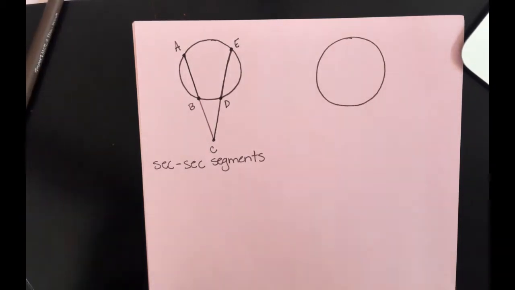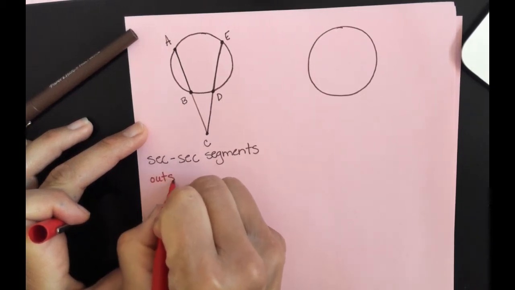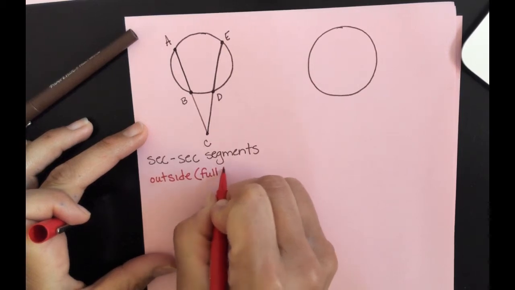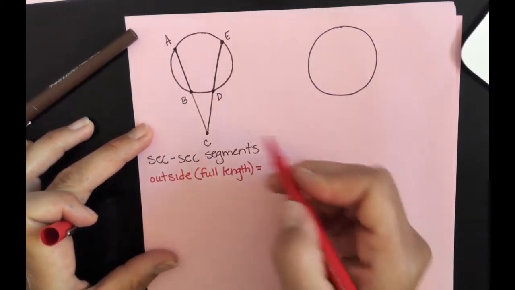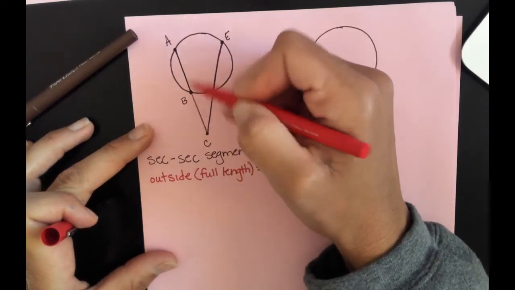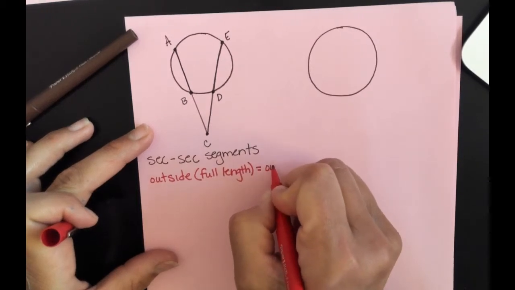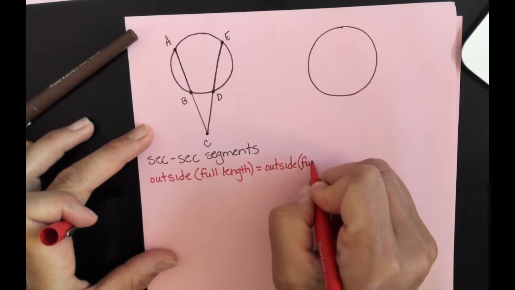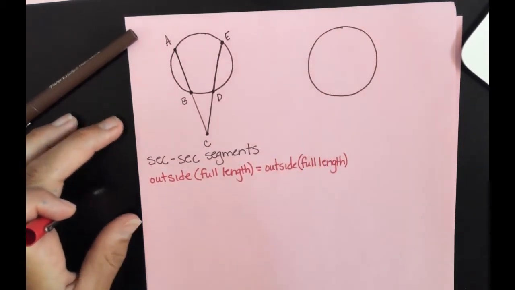And the easiest way to memorize this is you're going to take the outside times the full length. So outside BC times the full length AC. And we're going to do the outside times the full length.